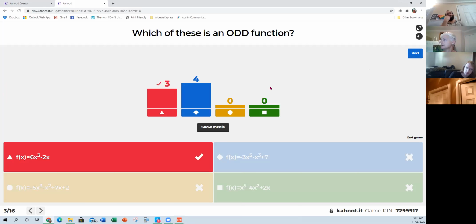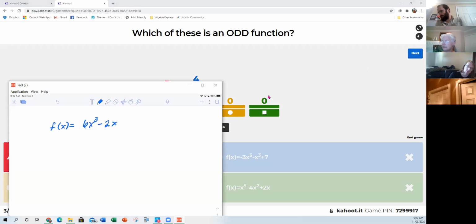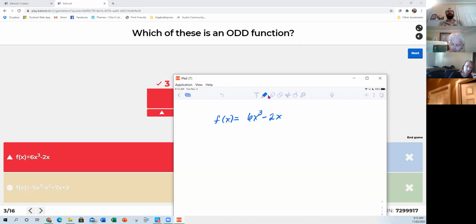Let's look at these. Notice that 6x to the third minus 2x, that's like 2x to the first. We're only looking at exponents when we're talking about even and odd. So that's an odd exponent, that's an odd exponent. So the red is definitely odd.